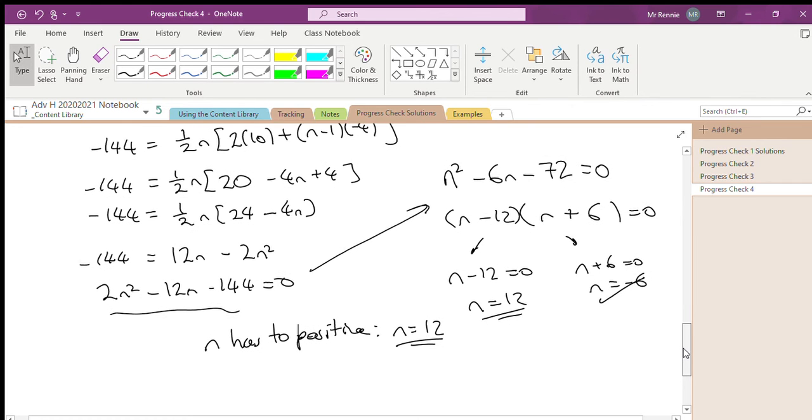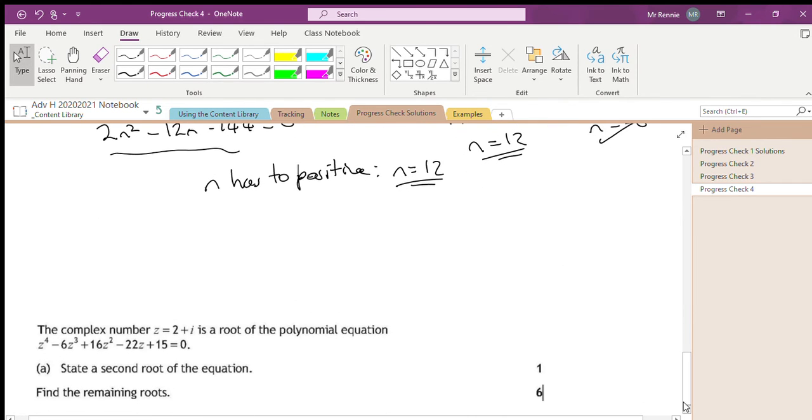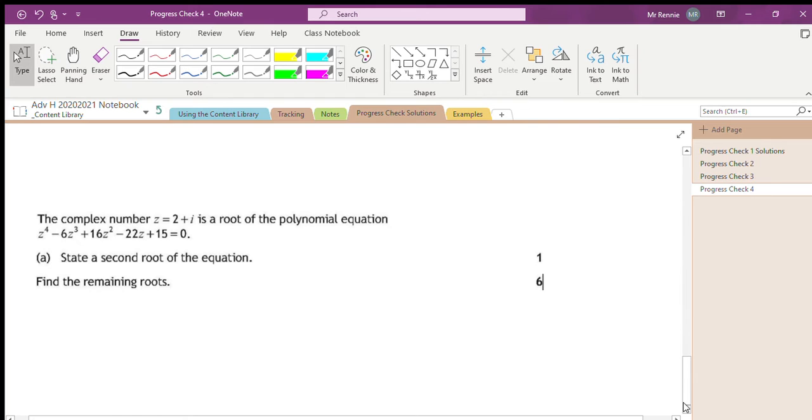Okay, moving on to probably what the trickiest question was in the progress check, question 3. So the complex number z equals 2 plus i is a root of the polynomial equation, and it gives us the equation there. First job is to state the second root of the equation, and then we're going to use that to find the remaining roots.